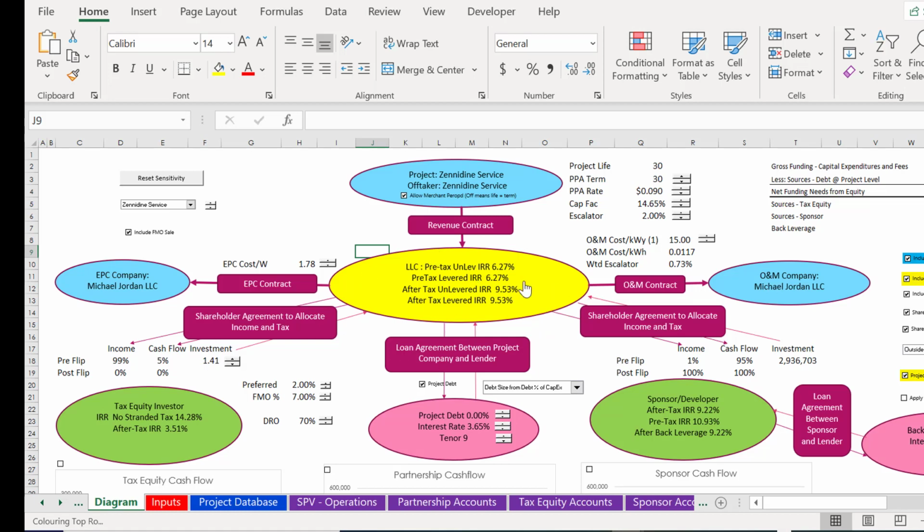Now, we're going to compute a balance sheet at this level. This is the difference between the amount of the return you would get if you had no stranded tax, no limitations on your taxes from reallocation of income from the sponsor back up to here, meaning the income goes up and you have to pay more taxes.